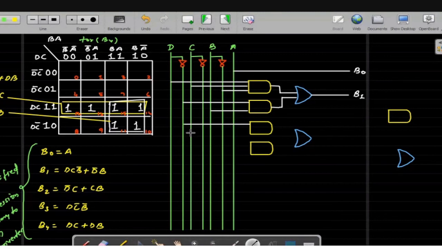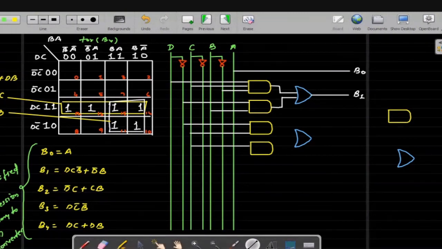And in the second gate, C and D. Yes. This is C, and this is D. Okay, and these two terms in the second level will go as inputs to this OR gate. So finally, this is your B2.